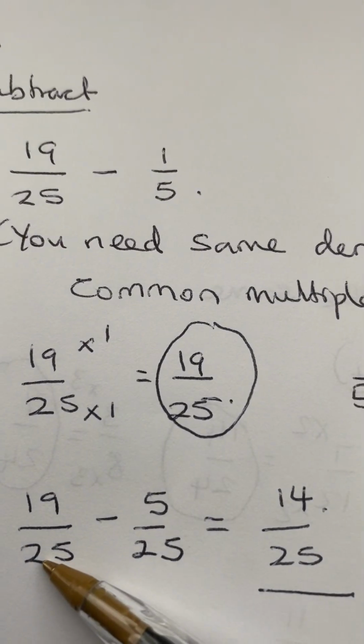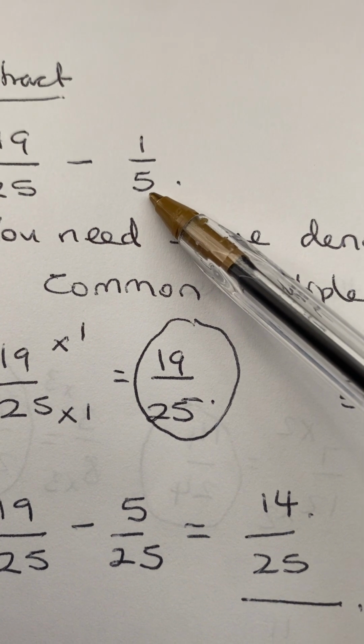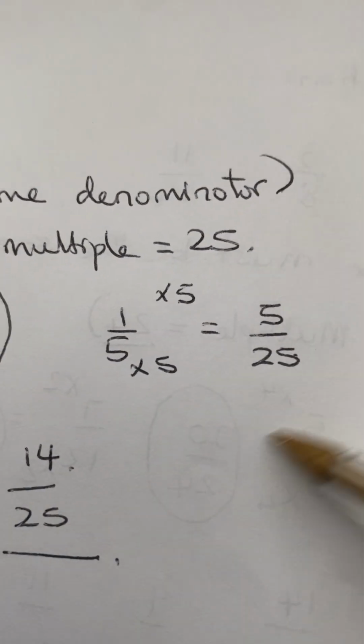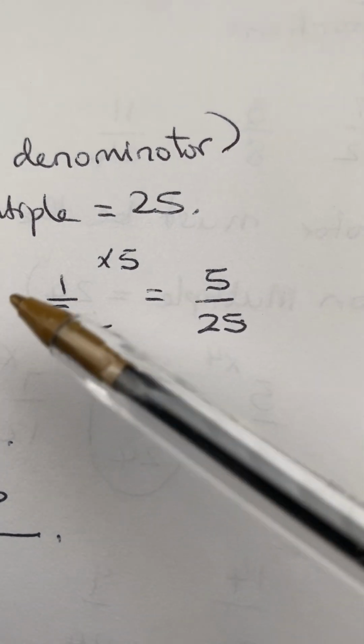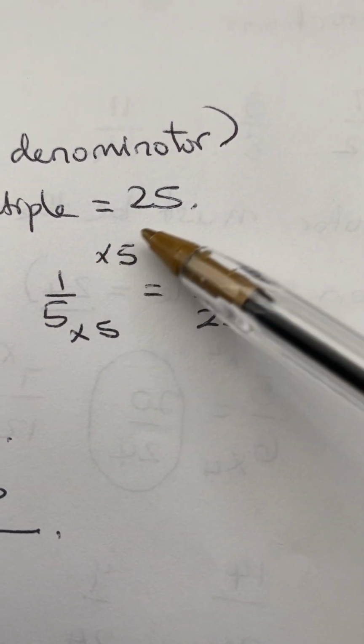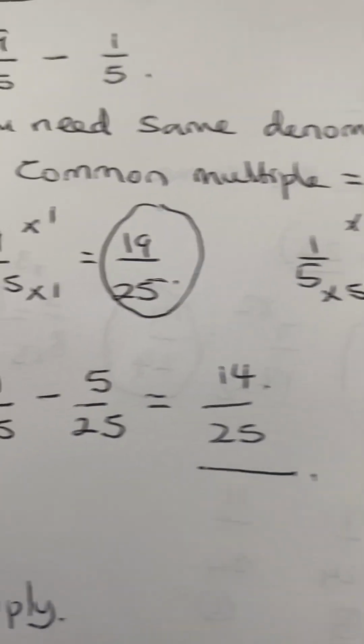So we repeat that. Now, what do we do to 5 to get 25? We multiply by 5. We multiply 1 by 5. 5. So 5 over 25.